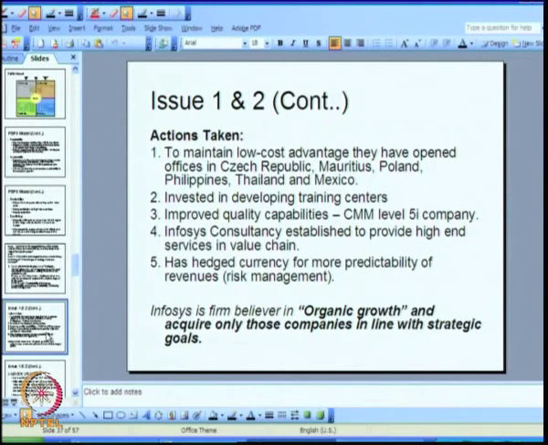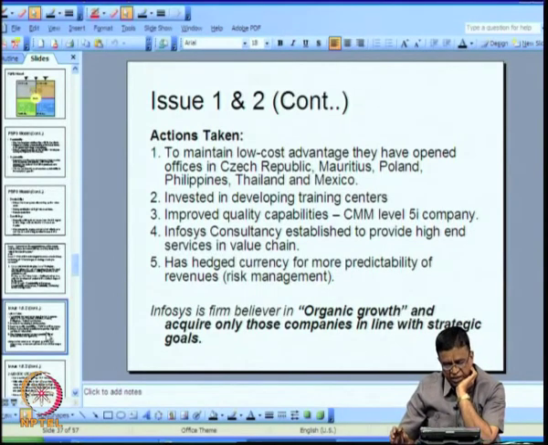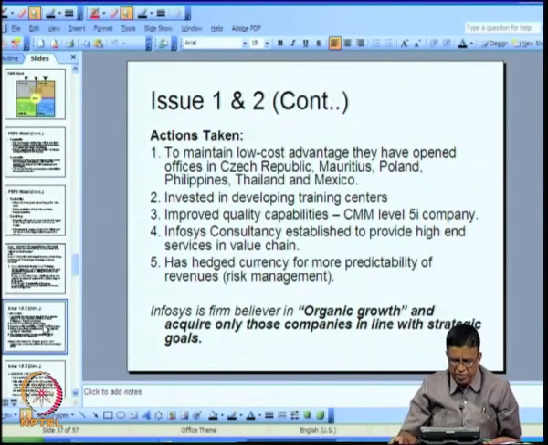They say the company, in order to maintain low cost advantage, has opened offices in Czech Republic, Mauritius, Poland, Philippines, Thailand and Mexico, invested in developing training centers, improved quality capabilities, then established consultancy to provide high end services in the value chain, then has hedged currency for more predictability of revenues, risk management.